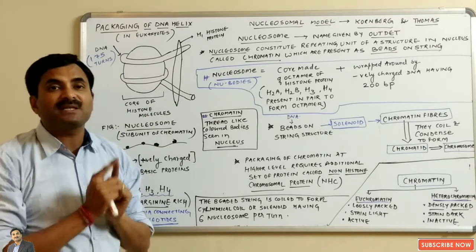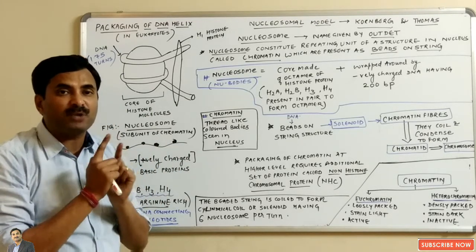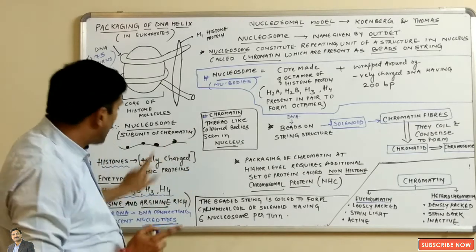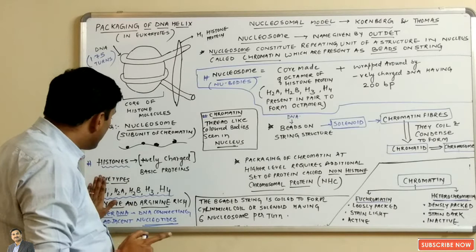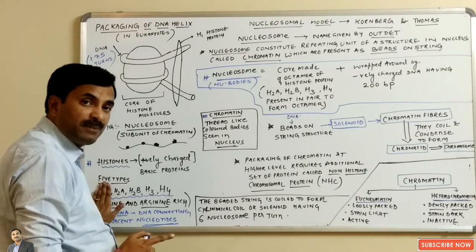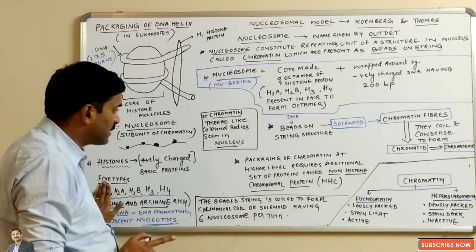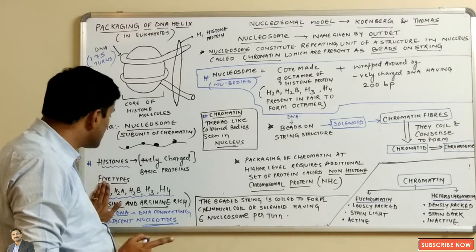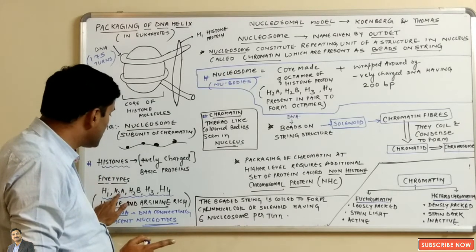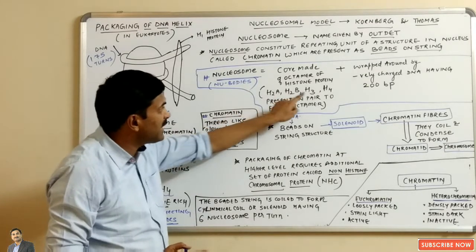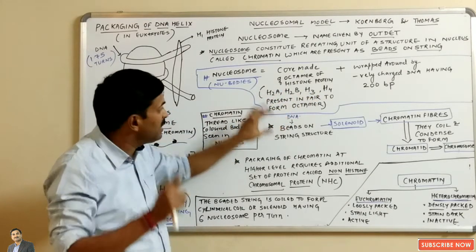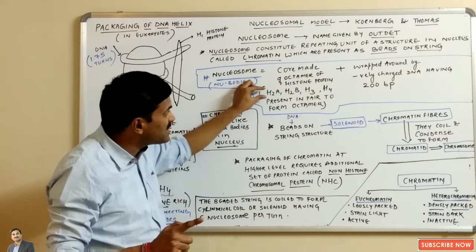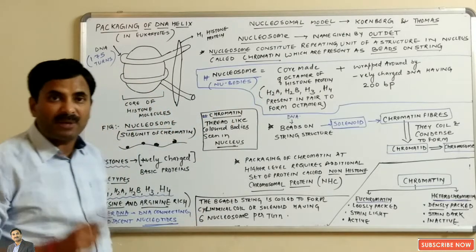Now the question arises, which histone proteins form the core, right? So out of the 5 histone proteins, just forget the H1 histone protein. You have to just deal with the 4 histone proteins: H2A, H2B, H3 and H4. And all these 4, except the H1, are present in pairs to form the octamer, right?